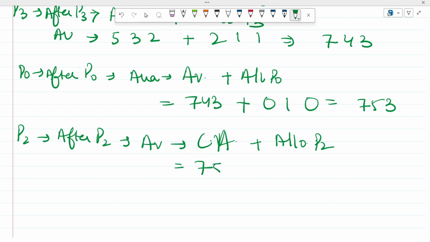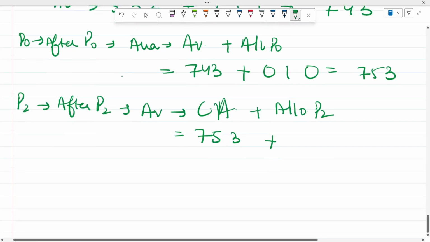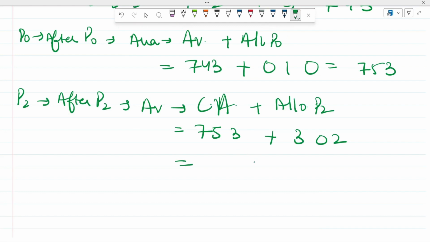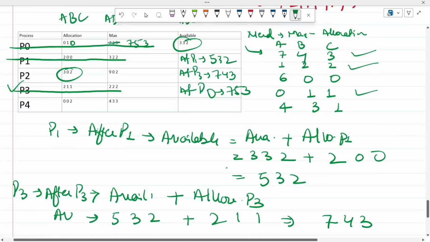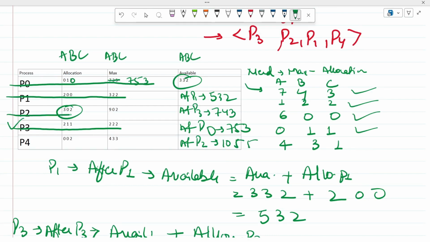Currently available 753, allocated to P2 is 302. If you sum this up, you will get 10, 5, 5. So after P2, you will get 10, 5, 5. Now P2 is also completed.